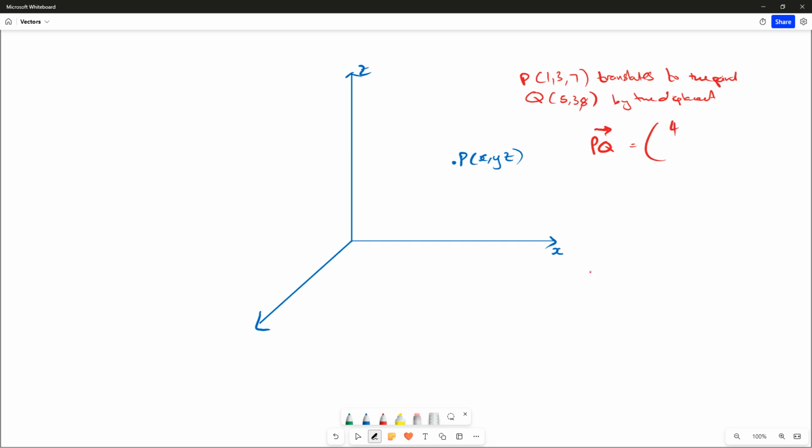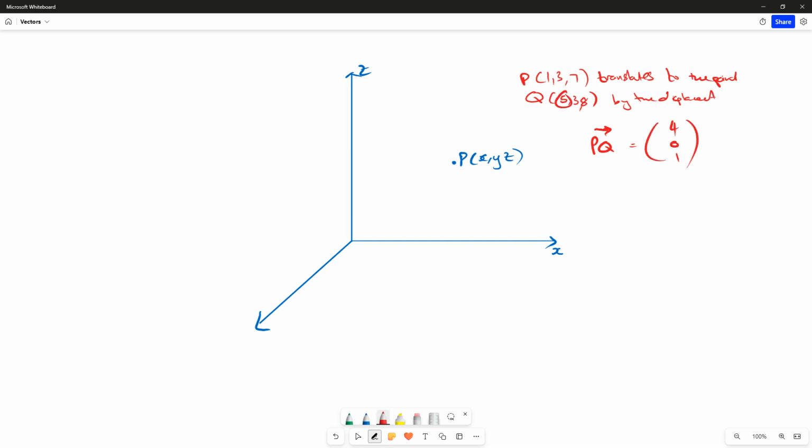How do we get the answer? It's (4, 0, 1). You can see 5 minus 1 gets me 4, 3 minus 3 gets me 0, and 8 minus 7 gets me 1. How does this look visually? If this is (1, 3, 7) over here, and x is equal to 1, that means technically it would be maybe here at 1.